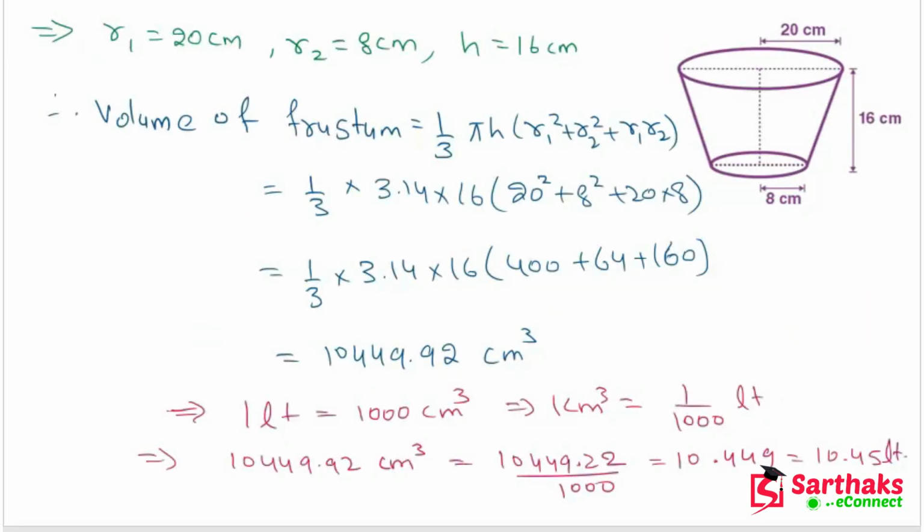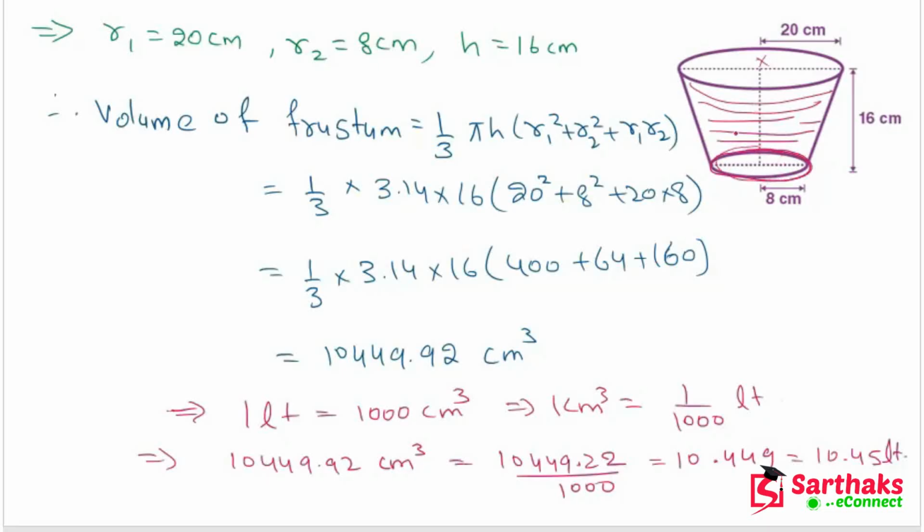Now we have to find the total surface area of this container. First of all, we have to find the curved surface area, and to the curved surface area we have to add the area of the lower circular section. This part is open, so we do not include the top, we just include the lower part.